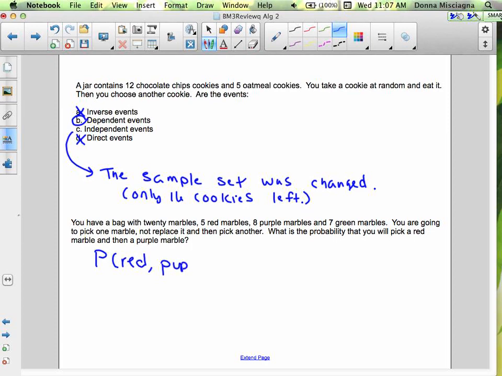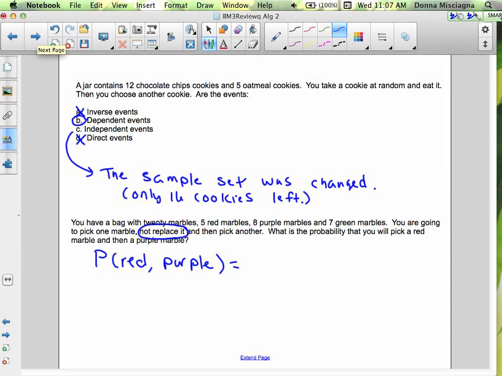Since this is more than one event, this involves multiplication. Anytime you have more than one event, it's multiplication rule. This is also an example of conditional probability because we're going to change the sample set, because we did not replace it.